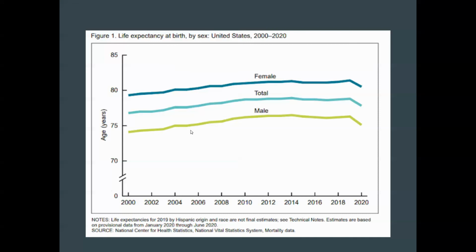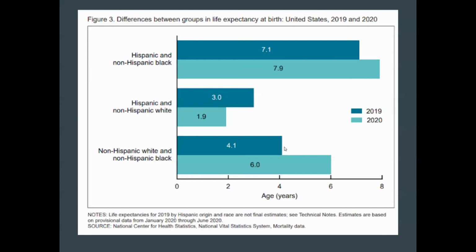One of the things that we've noticed in the United States is that, in general, our life expectancy was going up until about 2019. And then you'll notice in all cases, it began to go down. It was the first time in a long time that that was the case, and people are concerned about that. Different age groups have different life expectancies, and unfortunately there is significant concern about differences between Hispanic and non-Hispanic African American populations.